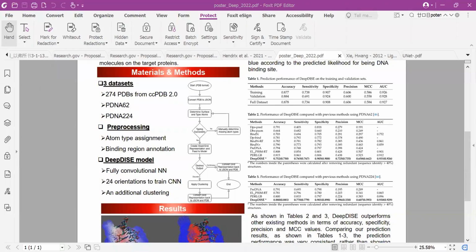In the 274 PDB training sets, about 90% of the PDBs were used to train the deep learning model, and the remaining 10% were used to validate the prediction performance. The other 2 test sets were used to make sure there's no overfitting and to compare the outcomes with other existing methods.